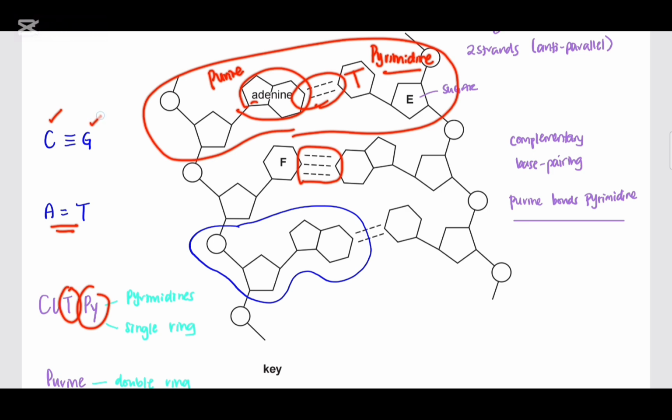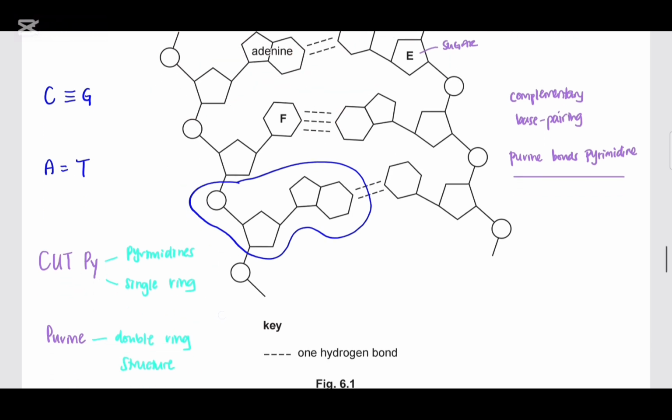So it cannot be guanine, because guanine is a purine, and here it has a single ring. A single ring can only be cytosine, uracil, or thymine.